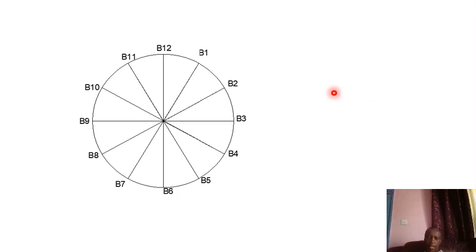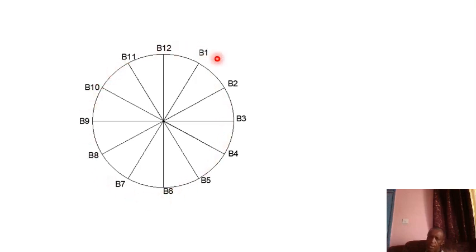Next, you can now name the points. I started with B1. You can name it anyhow, but just for convenience, let us have all the points named B and a number. We'll allocate it B because it is point B that is moving all through.